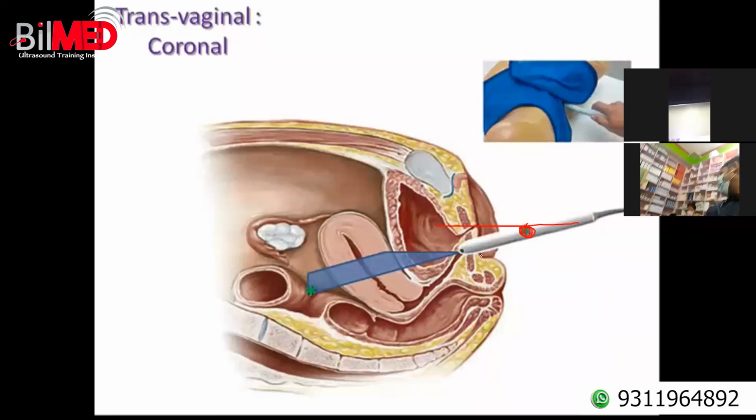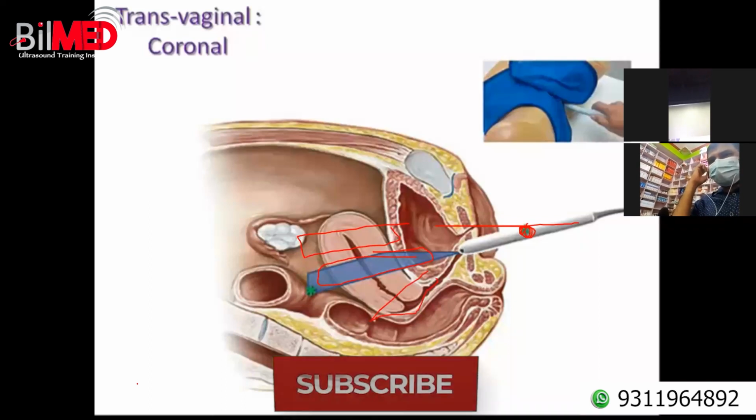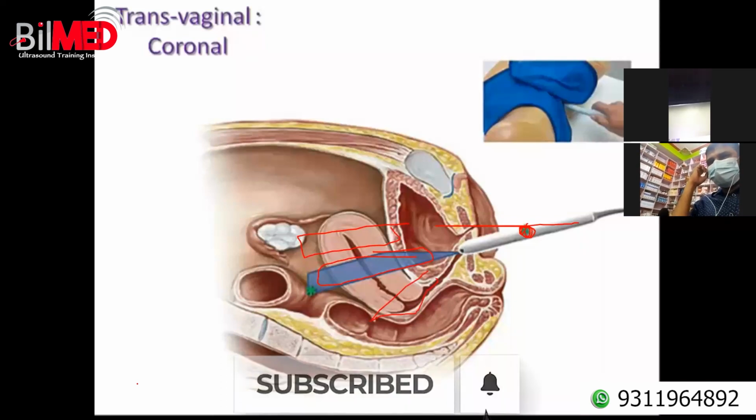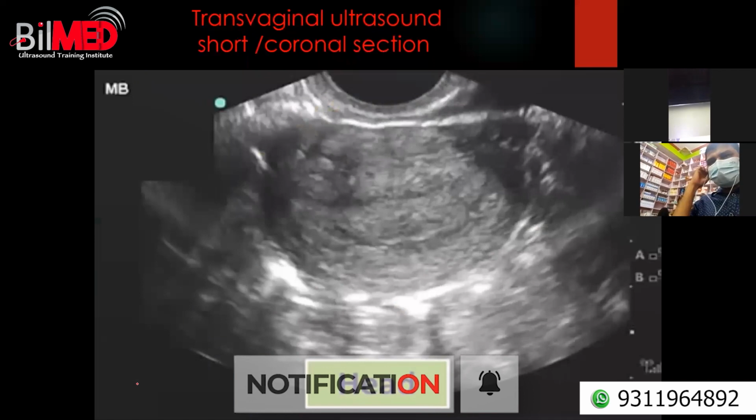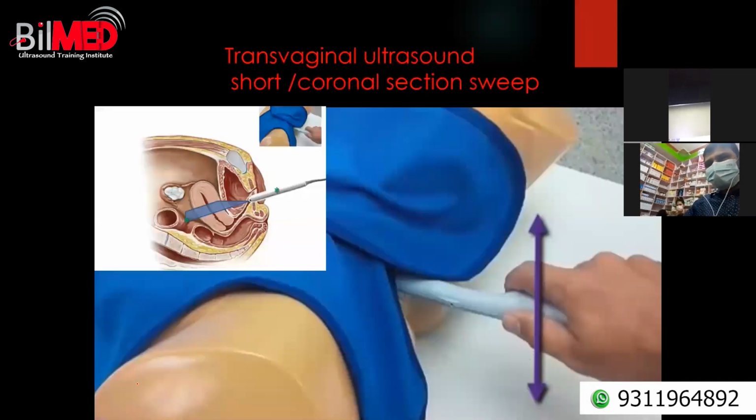Then you have to make movements up and down, so that this scan plane will move up and down. Clear? Yes. So this is the probe movement in a transverse section.